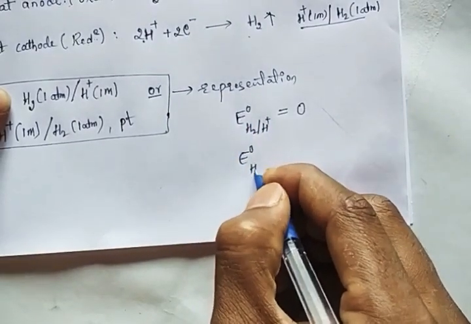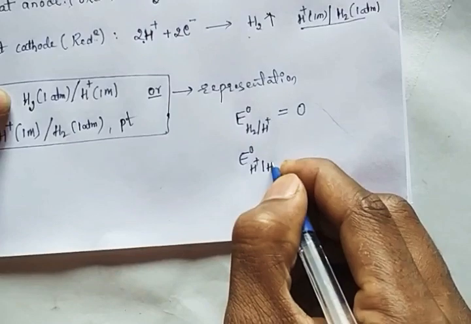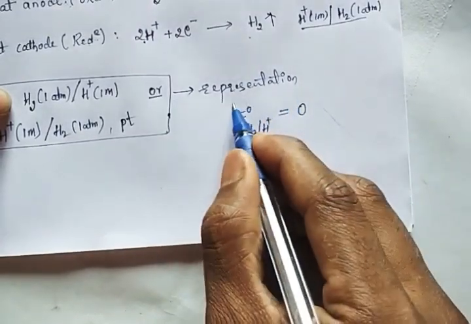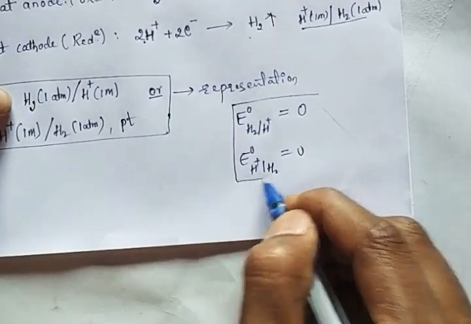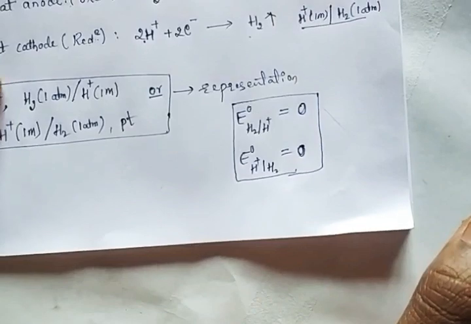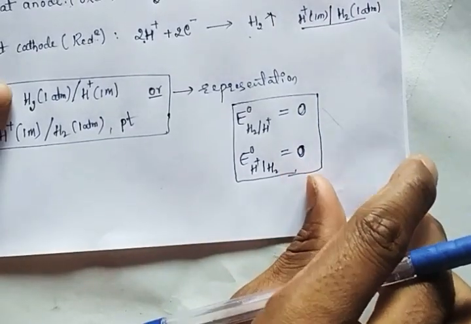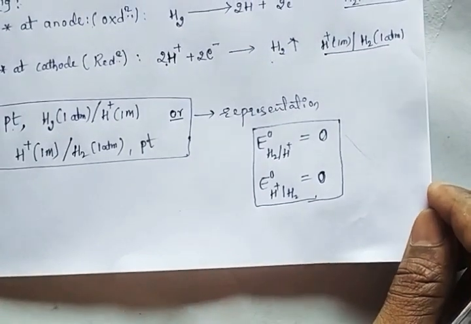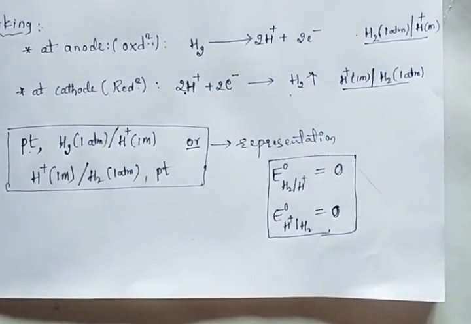Even the reduction potential value is also considered as 0. Arbitrarily, its electrode potential value is taken as 0. Its value is 0. This is about the construction and working of SHE.